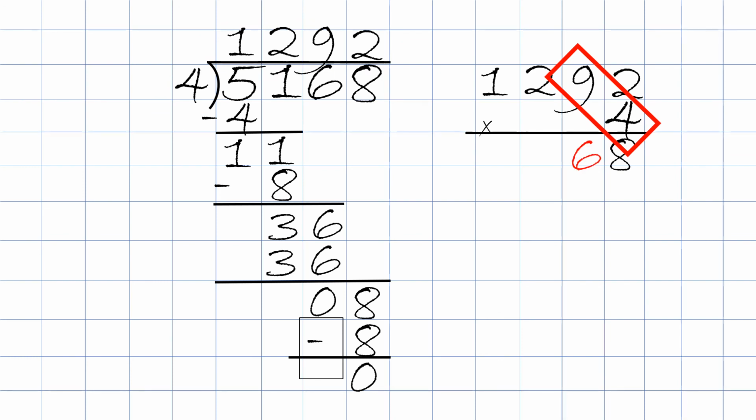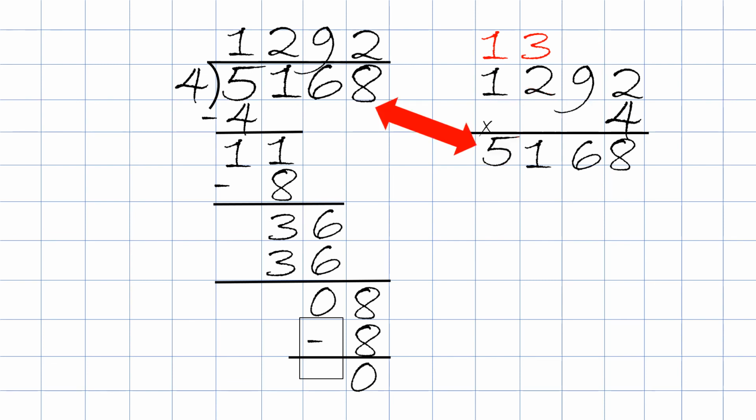We put the 6 on the bottom, and the 3 we bring on top of the 2. 4 times 2 will be 8, plus 3 will be 11. Put down the second digit, 1 on the bottom, and bring the 1 over the 1. And 4 times 1 will be 4, plus 1 will be 5. The answers match, 5,168.